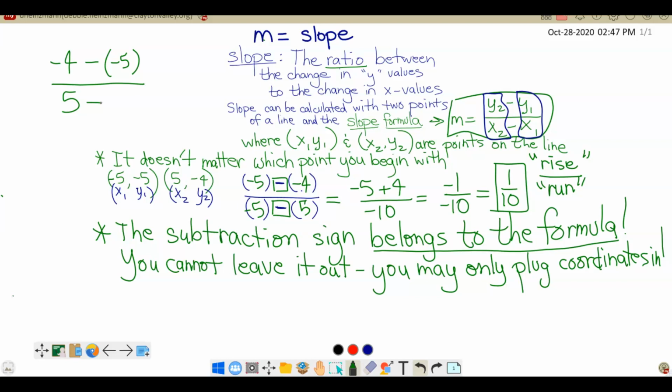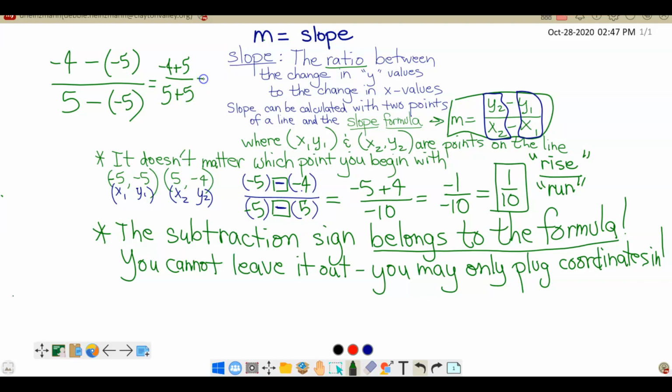X1 is -5, so that's once again going to be a +5. So this is going to simplify to -4 plus 5 over 5 plus 5.